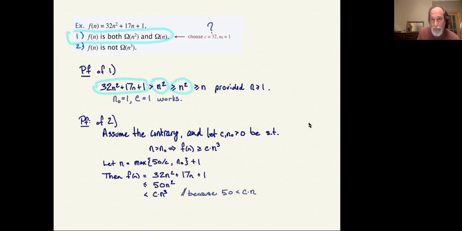So choose c equal 1, n naught equal 1, and that gives us our big omega of n squared. And n squared is obviously at least n, so it's big omega of n. If n squared is a lower bound, surely n is a lower bound too.